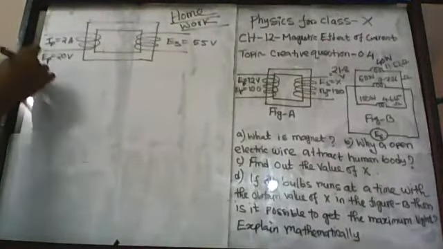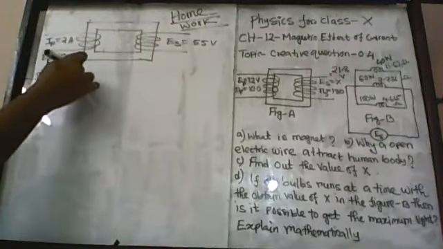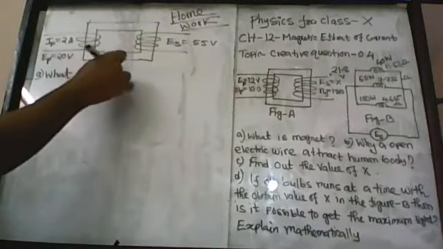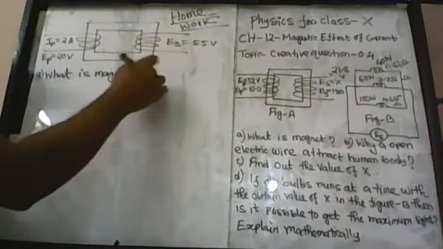Now, question number 8. A: What is the magnetic effect of current?